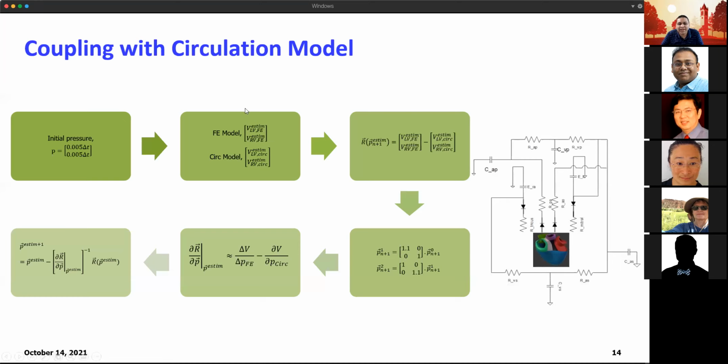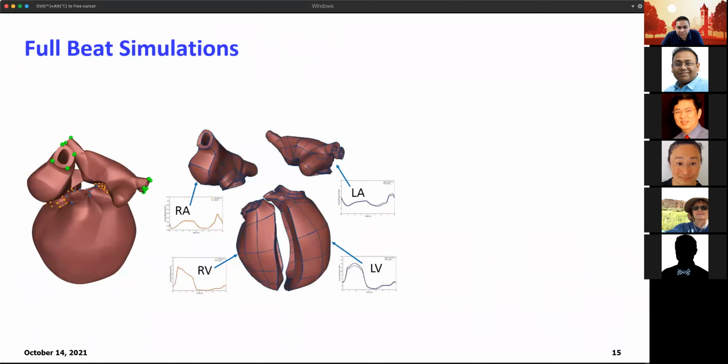And we then solve a set of differential equations where we try to match the volume of the ventricles in the finite element model, which is the heart model, with the volume of the ventricles computed using the reduced order model.